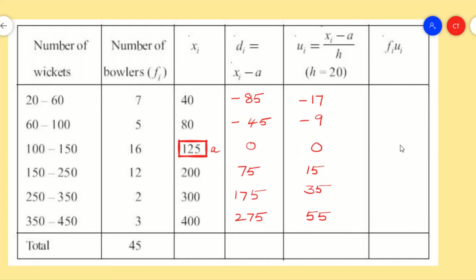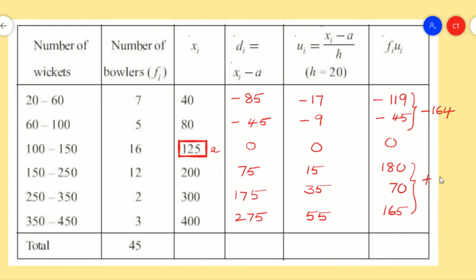Seven times minus 17 gives minus 119, minus 45, 0, 12 into 15 gets 180, 2 into 35 gets 70, 3 into 55 gets 165. Taking the sum of the negative numbers, we get minus 164. Taking the positive values, we get 416.